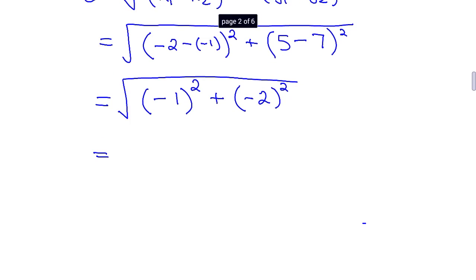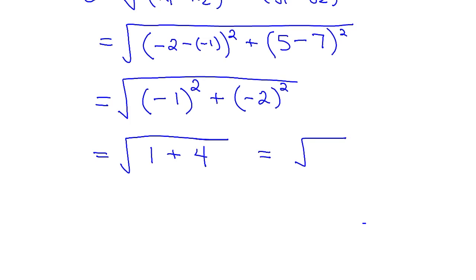Then (-1) squared is 1, (-2) squared is 4, and 1 plus 4 is 5, so that's the square root of 5. That does not simplify, so that is the distance.